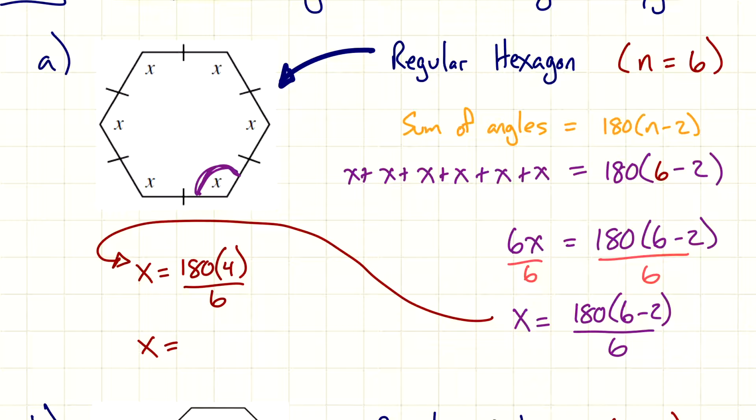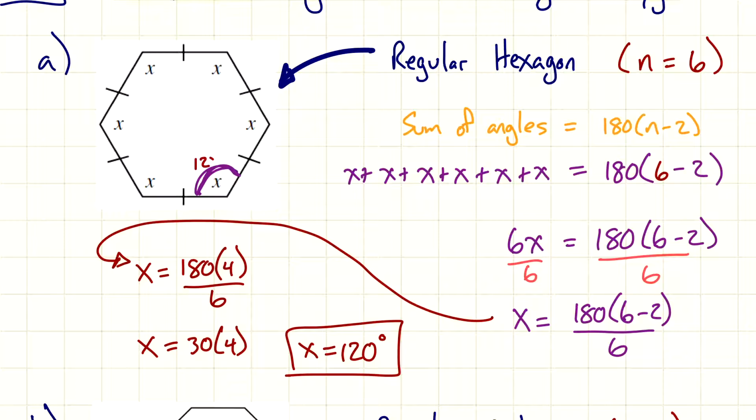I'm not going to tell you how to simplify that. I'm going to let you choose what approach works best for you. But I would probably reduce 180 divided by 6 first, which would be 30. And then 30 times 4, that I know is 120. So figure out what you could do that's easier for you. Now we know this angle up here is 120 degrees.